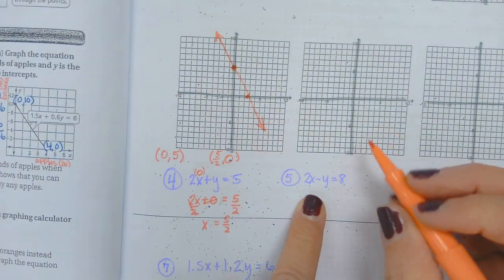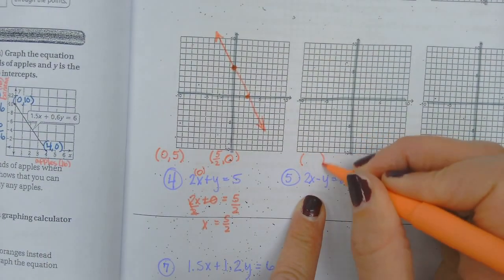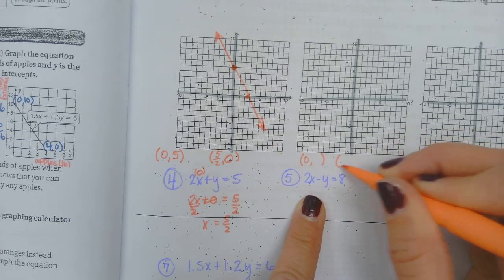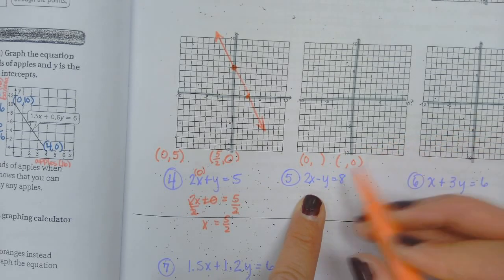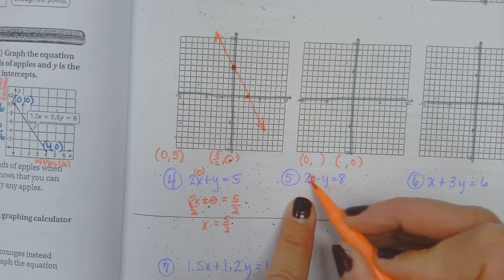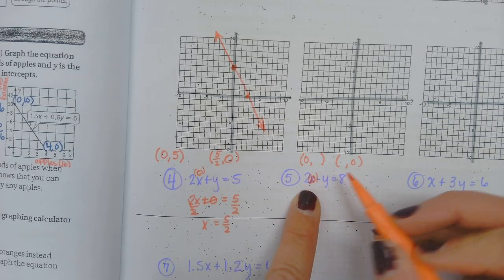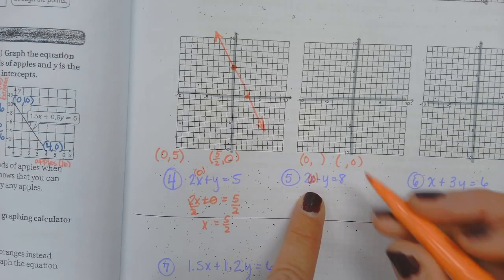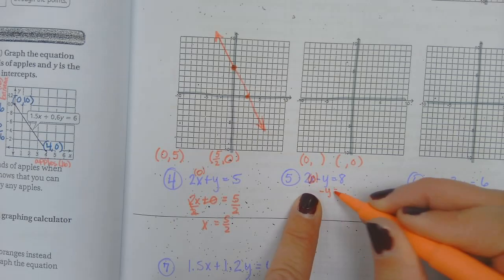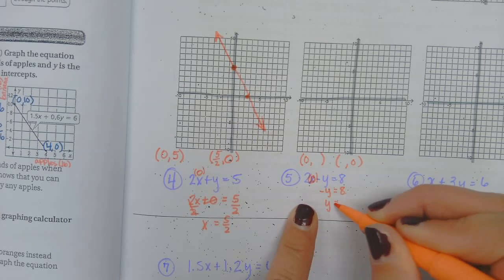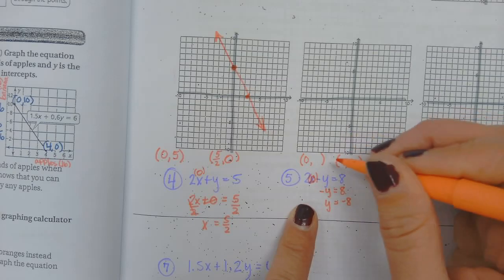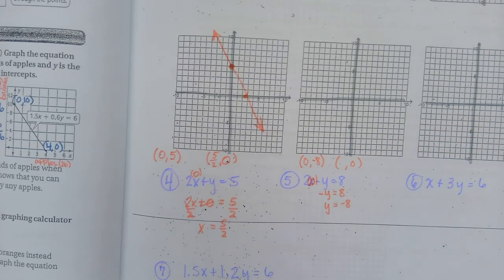For number 5, I'm going to do the same thing. So I'm going to first start with my 0 and my x, and then my next one I'll do my 0 and my y. So I'm going to put a 0 here, and that's going to make that 0. And so I had a minus y equals 8, so now I want it to be y equals negative 8. So that's going to be negative 8.